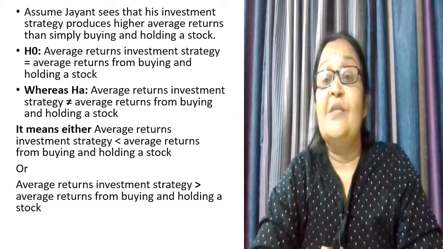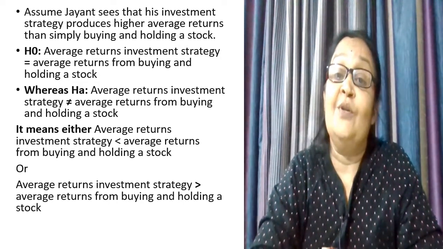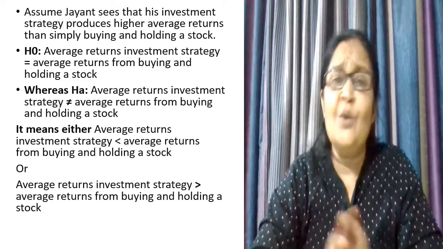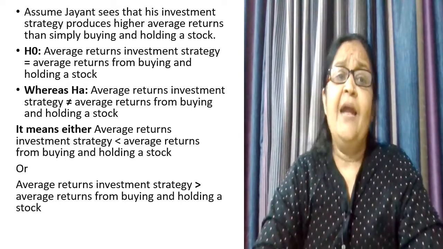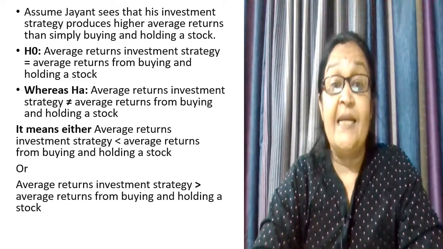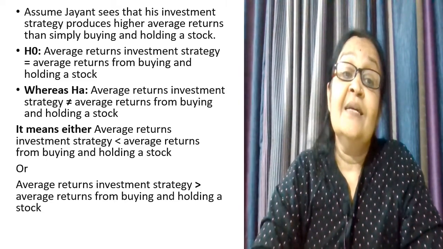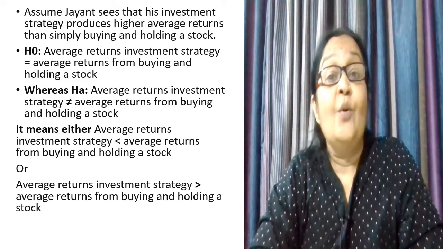Disproving the null hypothesis would require showing statistical significance, which can be found using a variety of tests. We can use statistical tests, and we can prove. The alternative hypothesis would state that the investment strategy has the higher average return than the traditional buy and hold strategy.